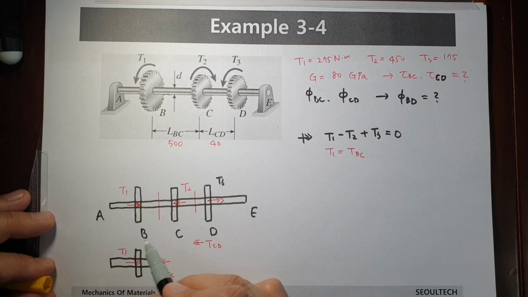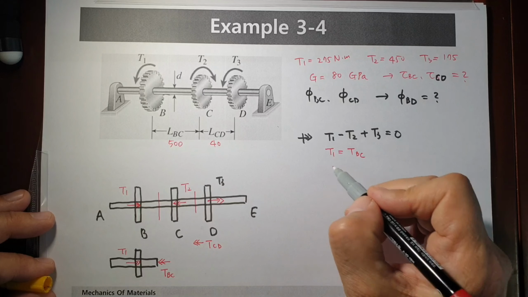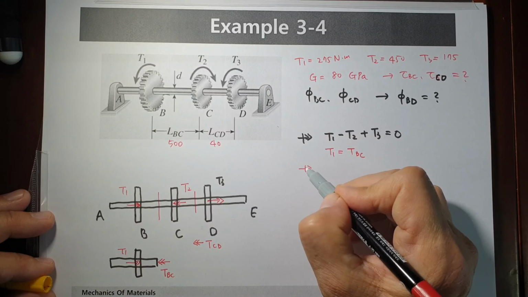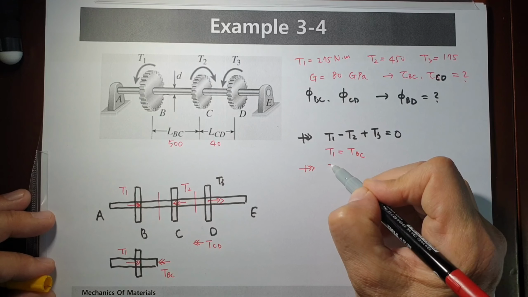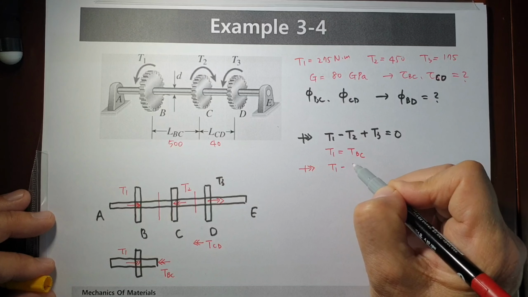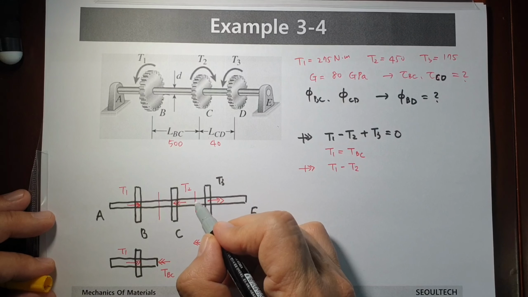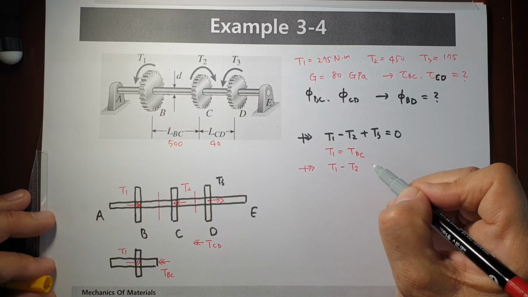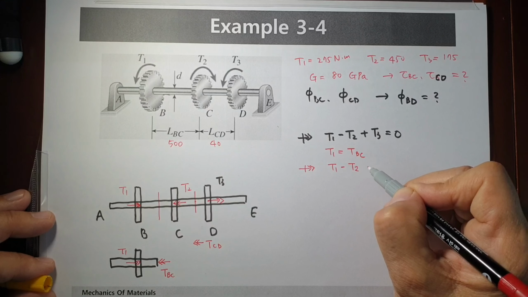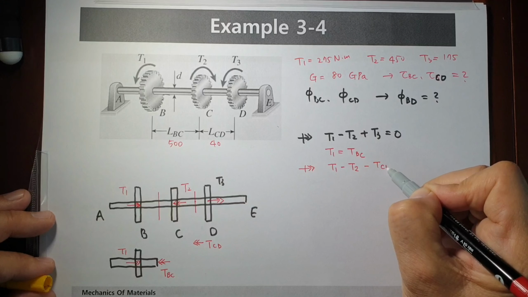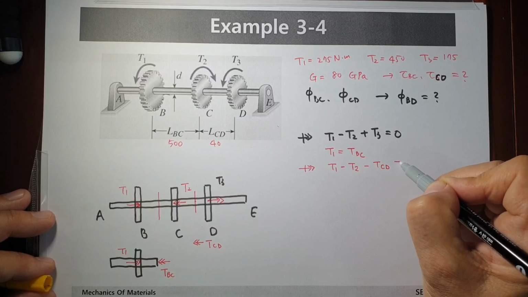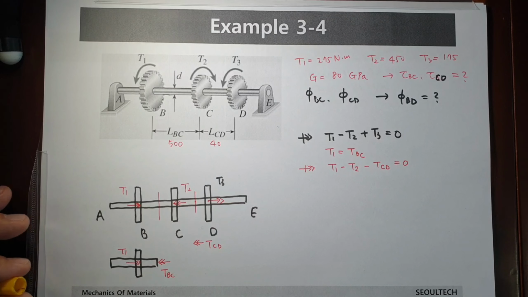Then with the same method, similarly, when you calculate with this direction positive, T1 minus T2, and we introduce the TCD which is acting, minus TCD equals 0.